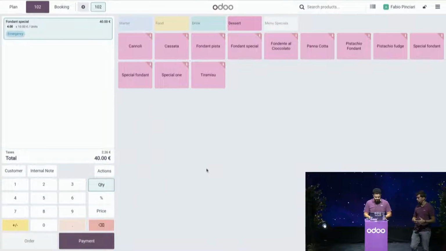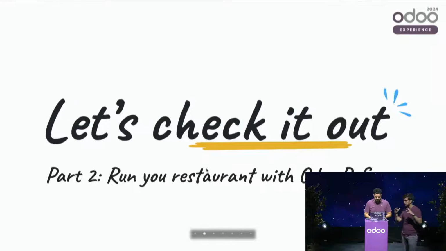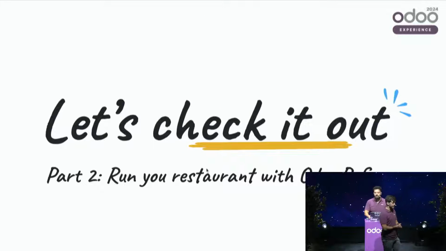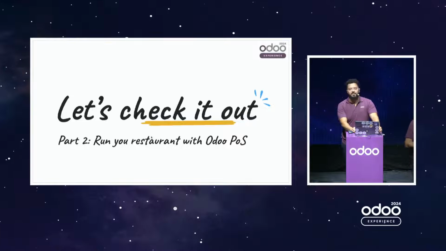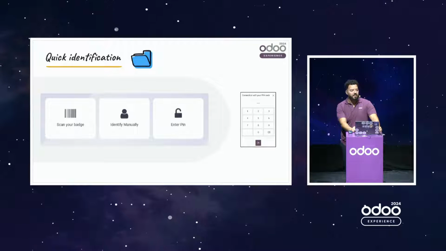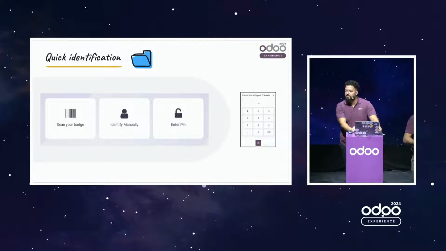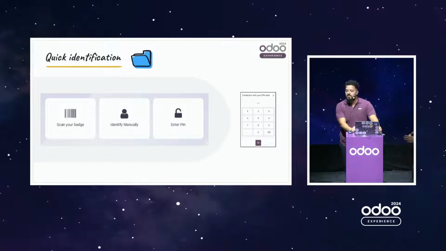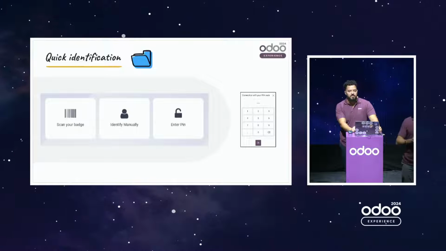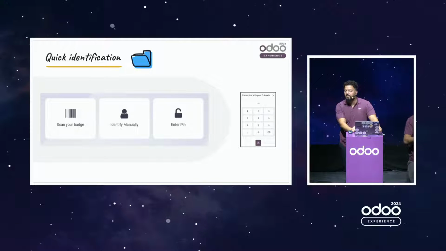And now, let's summarize what we just went through during this second part of the demonstration. So to begin to enter the system, you have several choices, and then you can just enter your PIN code, and you will be recognized.